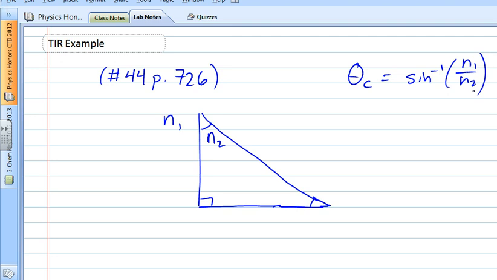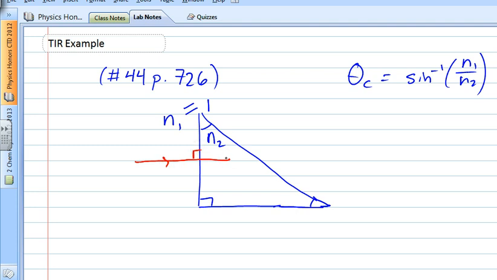And then for part B, we want to calculate the minimum index of refraction of the prism if the surrounding medium, so N1, is air. And then we're to repeat it if it's water. Basically what happens is we have a ray of light which enters, and if it enters perpendicular, there's no refraction which takes place.